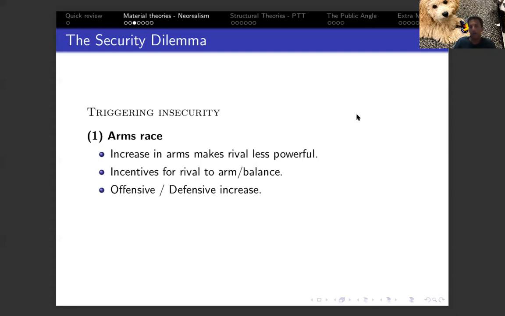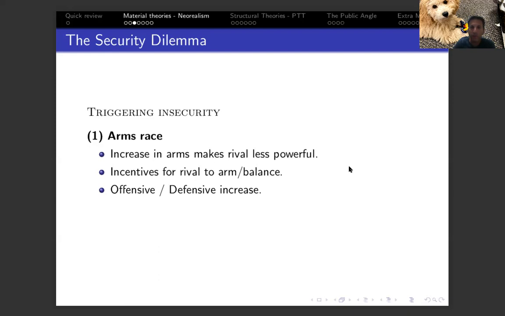So overall, this situation is less secure. So that's triggering insecurity because of expansion of offensive arms. At the same time, if both of us are adding defensive capabilities, we increase our own capabilities to defend ourselves, which overall creates some form of insecurity, but not to the same level as increases in offensive capabilities.